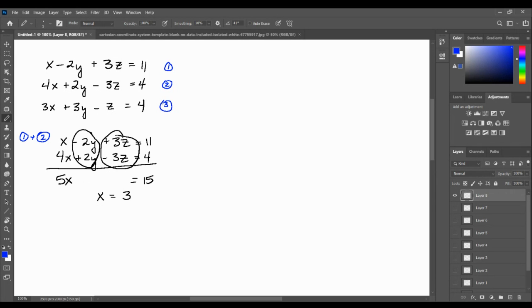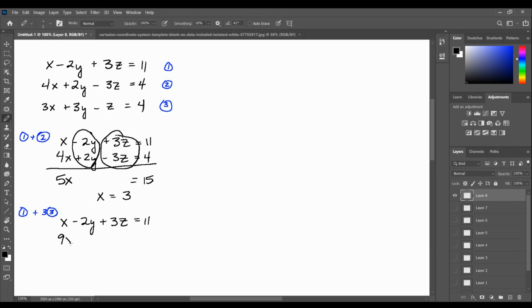Now let's get rid of z with one of our other equations. Let's add 1 plus 3 times equation 3. So what I'm saying is I'm going to take equation 1, and then I'm going to add to that 3 times equation 3.